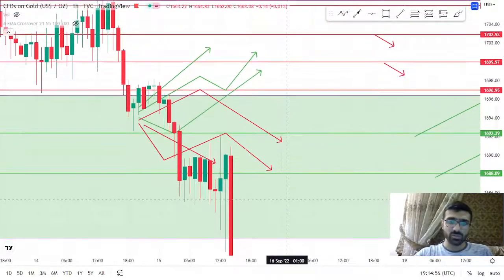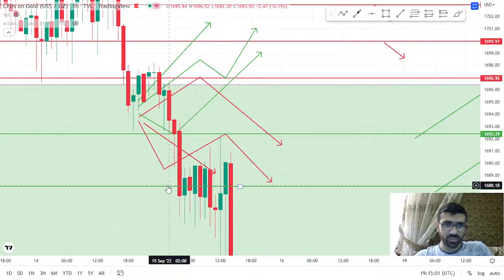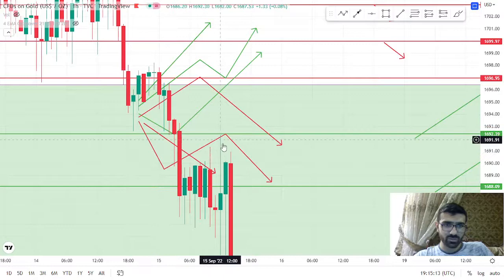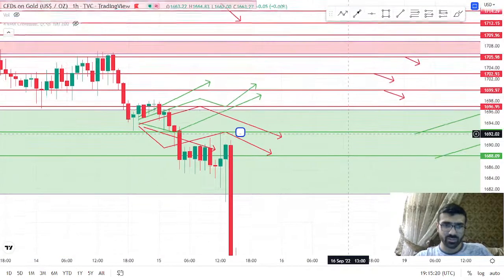Now on the other hand, we gave you another area to sell, which was this area. You can clearly see that even if you were a risky seller, you could have gone short from here, and if you were a non-risky seller, you could have gone short when market almost tested this area, and you had to be vigilant to sell this pair once again.